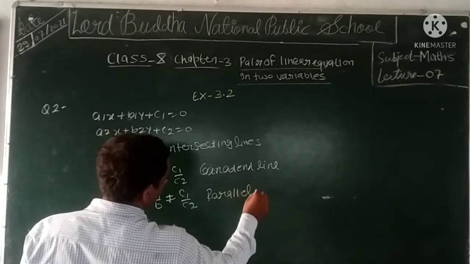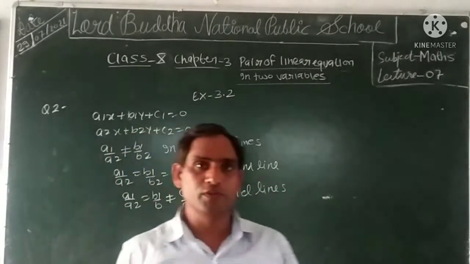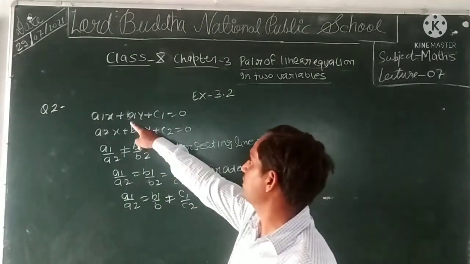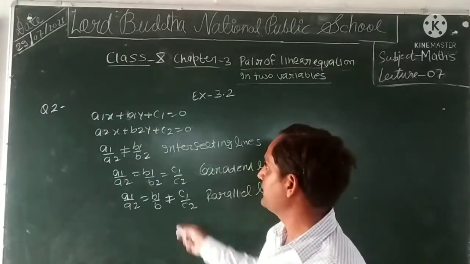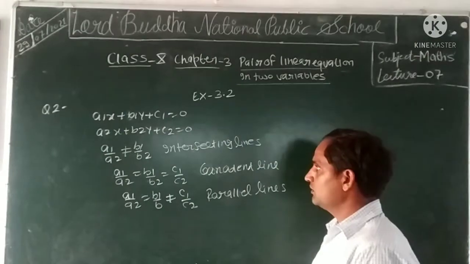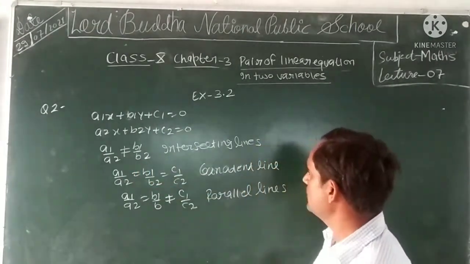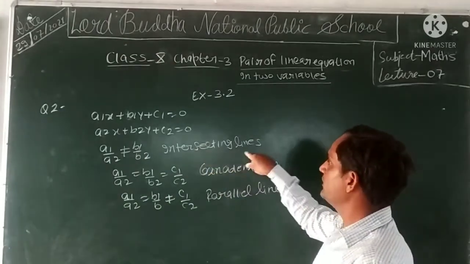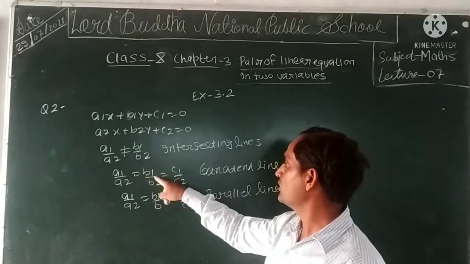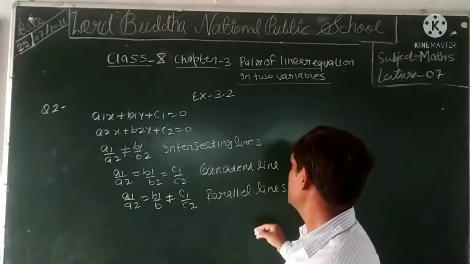As discussed in the previous lecture, if we have a pair of linear equations A1x plus B1y plus C1 equal to 0 and A2x plus B2y plus C2 equal to 0, then if A1 upon A2 is not equal to B1 upon B2, the lines will be intersecting lines. If A1 upon A2 equal to B1 upon B2 equal to C1 upon C2, then it will be coincident lines.